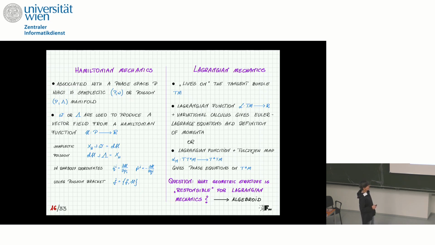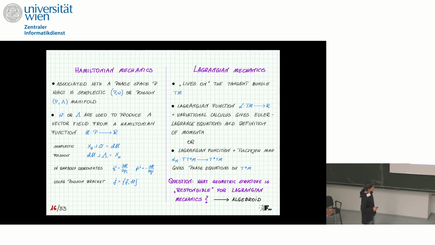And the answer is, it is an algebroid. Lagrangian mechanics, in a sense, lives on the tangent bundle, in most cases. The Lagrangian function can give us Euler-Lagrange equations and the definition of momenta if we use the tools of variational calculus, or when we use the Tulczyjew approach, we can directly get the phase equation from the Lagrangian.